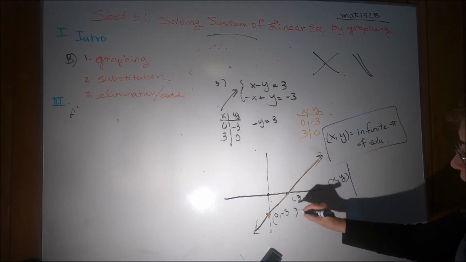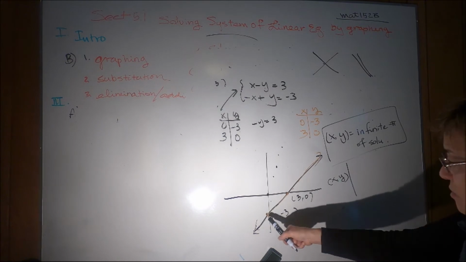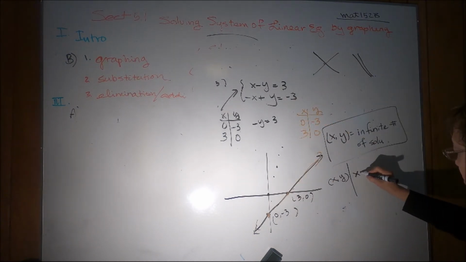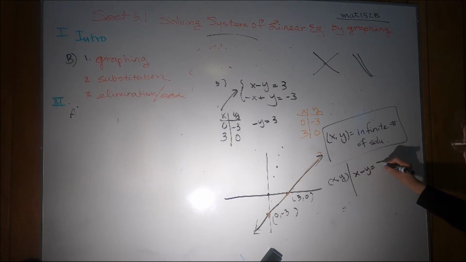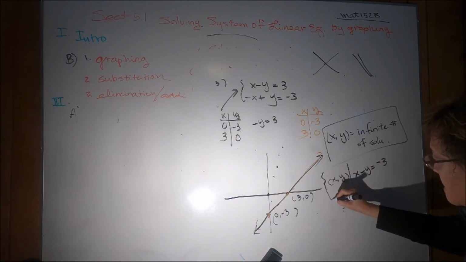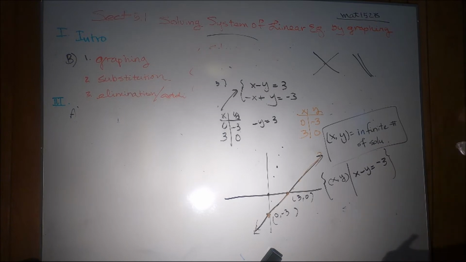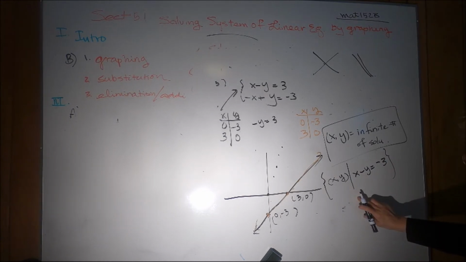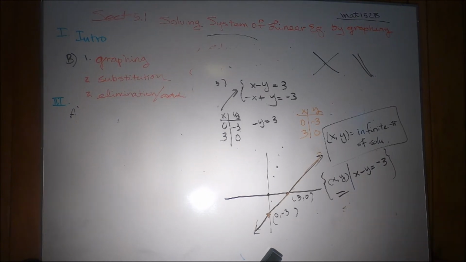XY is not anywhere else, but on this line. What is this line? You can just pick one because they are the same. Then you use the curly bracket to put them in there. So those are formal symbols of math to describe those lines. Actually, there are many points.